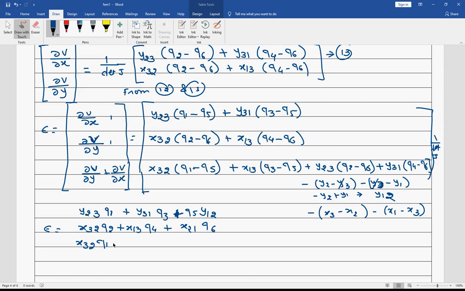So that is y2 3 plus y23 q2, okay, plus now q3 I search, so q3 I get it here only, that is x13. Then I search for q4, so q4 I get it here only, that is y31.